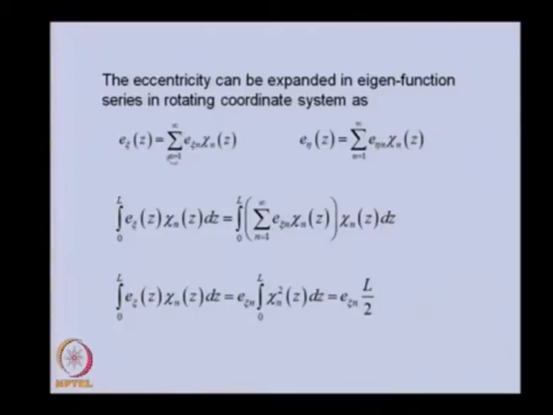If we take one of the equations like this one, we multiply it by an eigenfunction on both sides, and then we integrate over the domain. Generally we multiply by an eigenfunction which is different from the previous one.